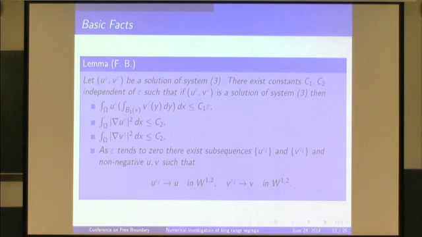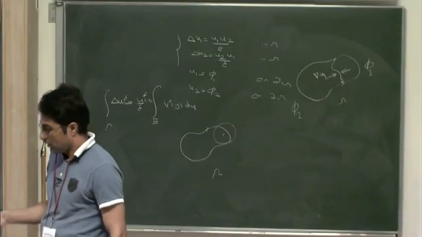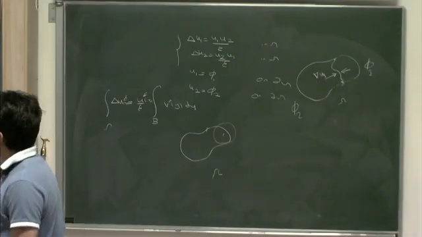For example, if I integrate over the system that I have, I have Laplace of u epsilon equal to u epsilon over epsilon times the integral of v epsilon of y dy. If I integrate over omega, I use the Green formula.